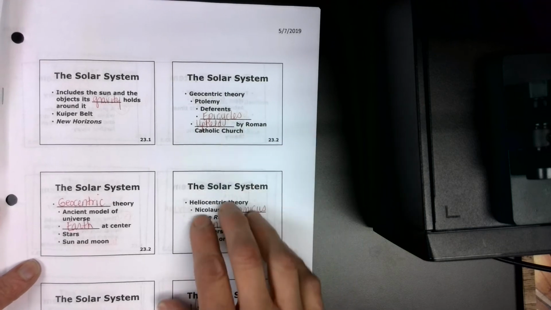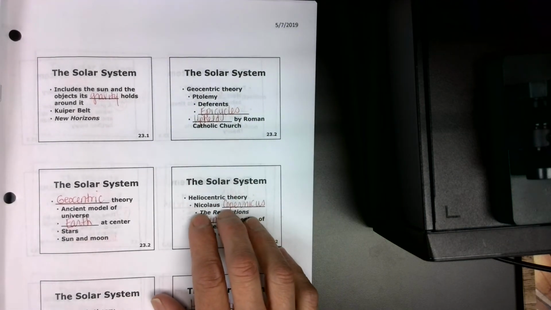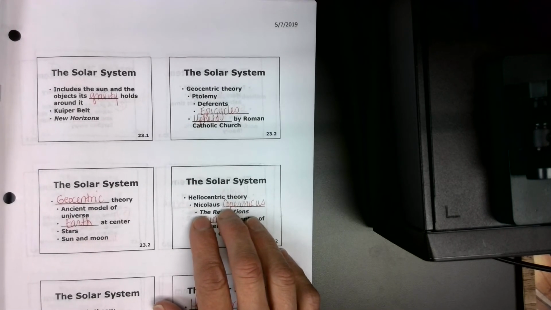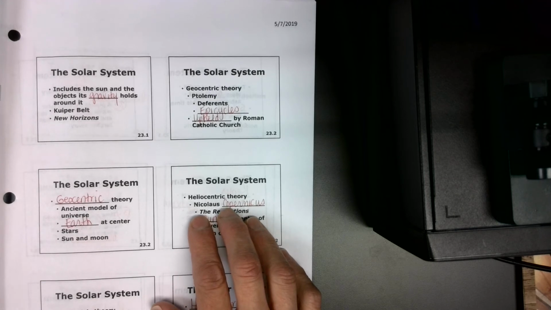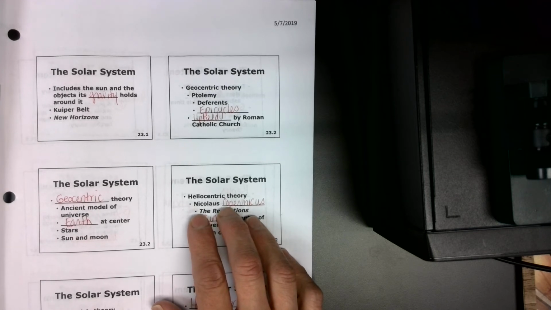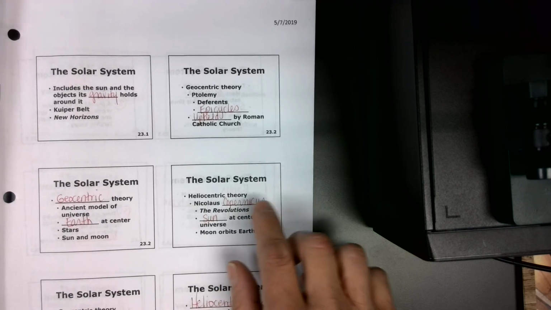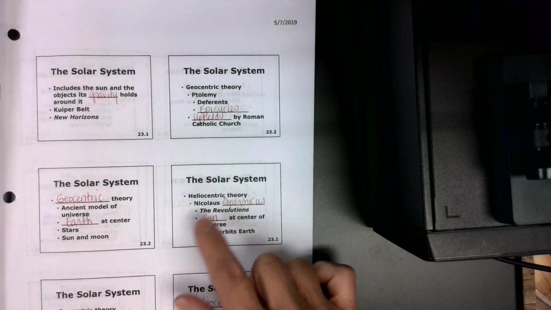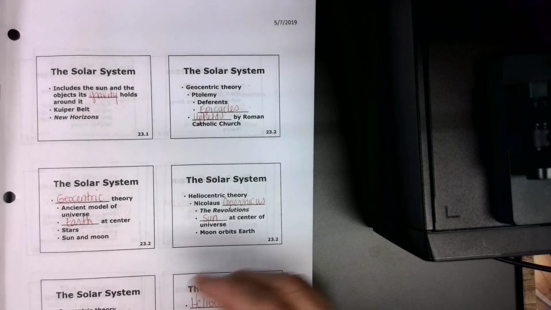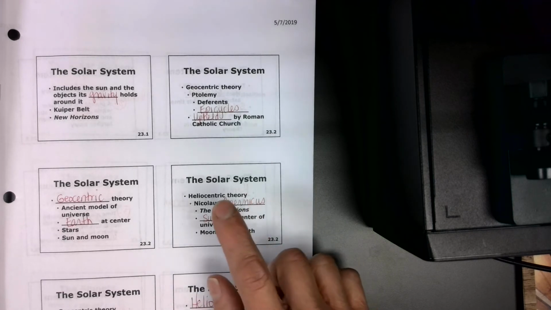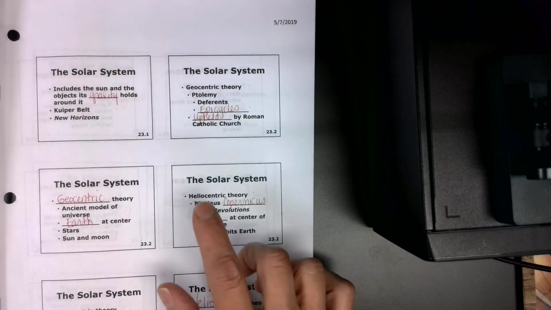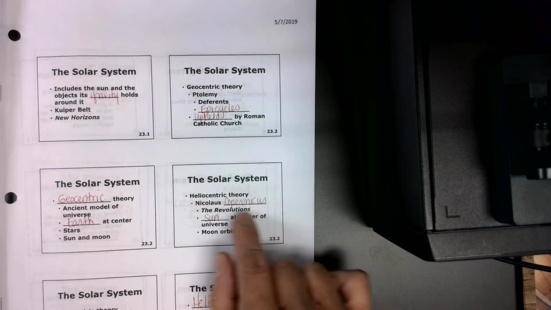There were some gentlemen, though, that came along and said, no, we refuse to be held back by the Roman Catholic Church and any opinions that scientists had in the past. We are going to use the proof that we observe in math to prove the heliocentric or sun-centered theory.